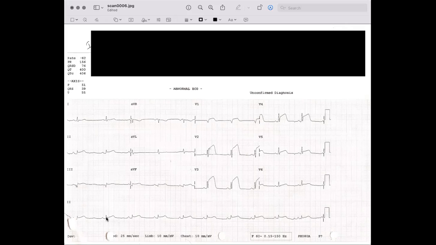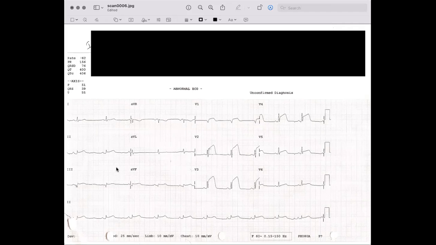So 1, 2, 3, 4, 5, 6, 7, 8, 9, 10. You multiply 10 by 6, 60. Excellent. It's sinus, normal, within normal range. So normal sinus rhythm at 60. Then I will check the interval.